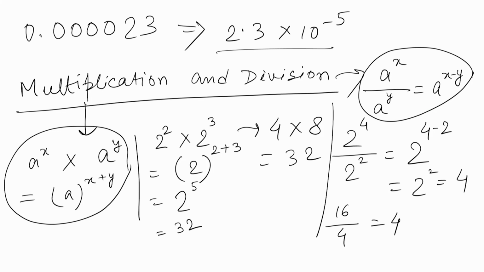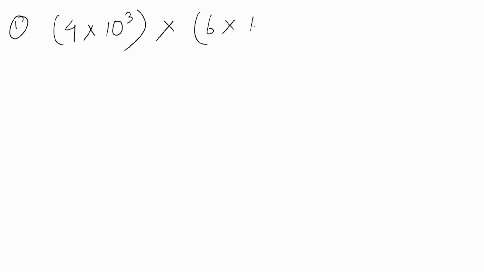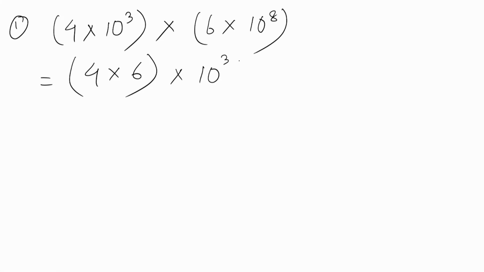Let's do an example. The first example is 4 into 10 to the power 3 multiplied by 6 into 10 to the power 8. Now what we will do, we will take the numbers together and then we will take these exponential terms.